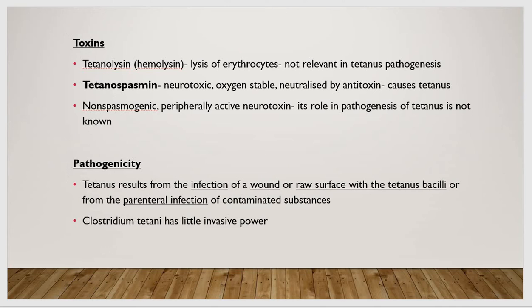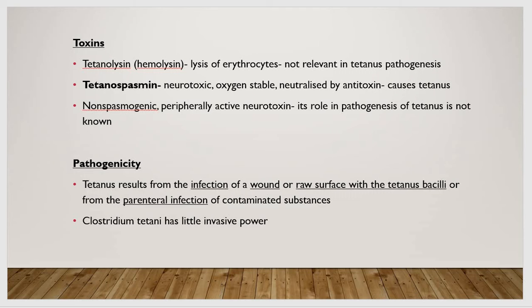Three types of toxins are produced by this bacteria. First, tetanolysin, which is also called hemolysin, basically because it lyses the erythrocytes. It is not very much relevant in the tetanus pathogenesis, but is antigenically somewhat related to Clostridium perfringens. Then the second toxin Clostridium tetani produces is tetanospasmin.